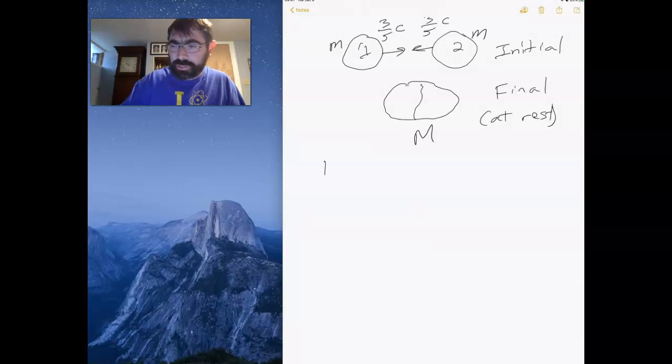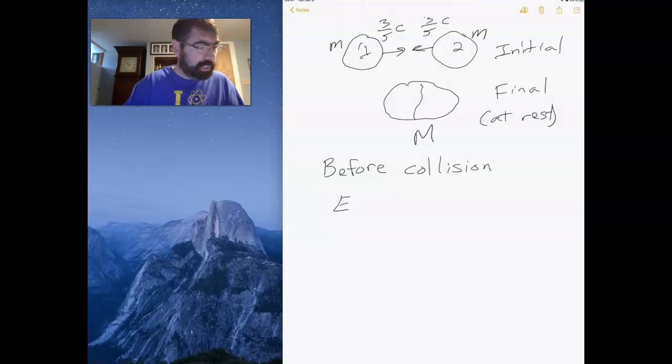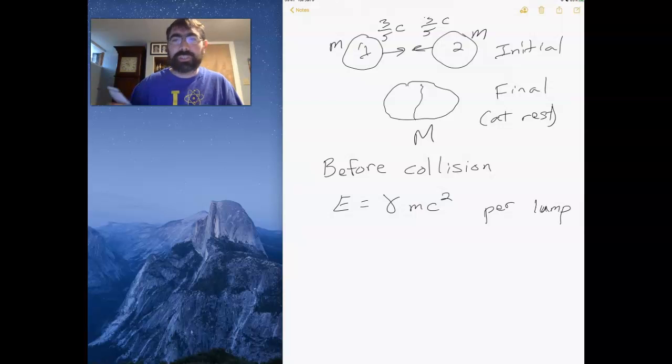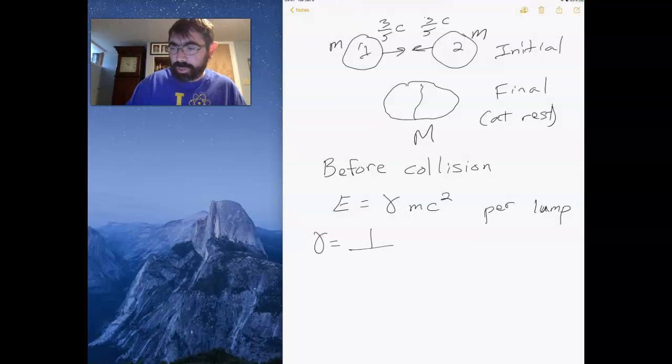So before the collision, what we have is the total energy is gamma mc squared, and this is per lump of clay. Each of them has a relativistic energy of gamma mc squared. Now, gamma is 1 over the square root of 1 minus beta squared, or 1 over the square root of 1 minus (v over c) quantity squared, where v is 3/5 c.